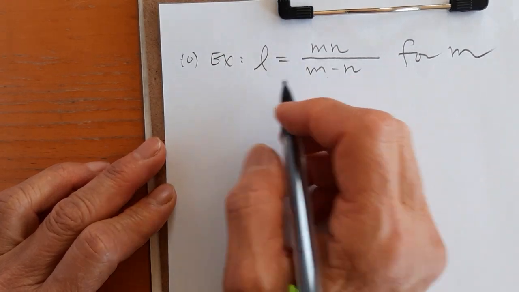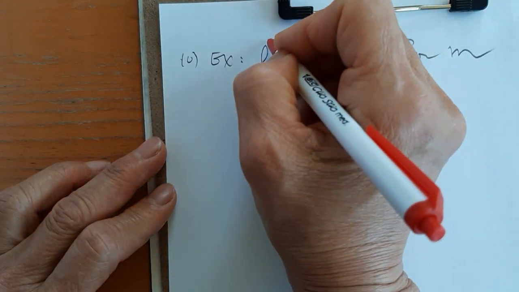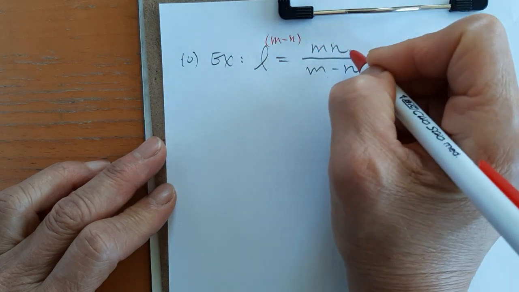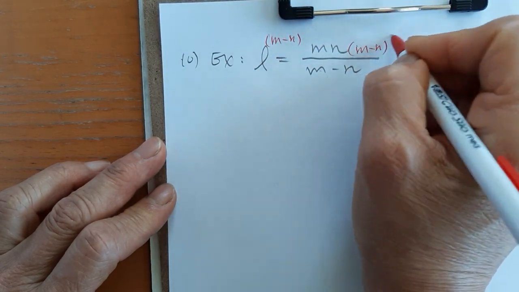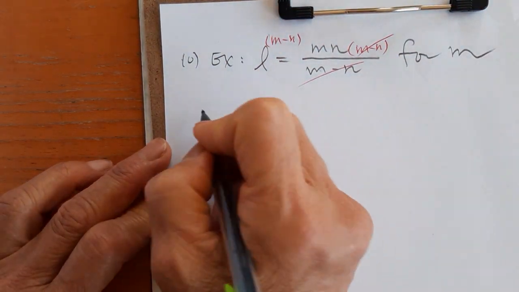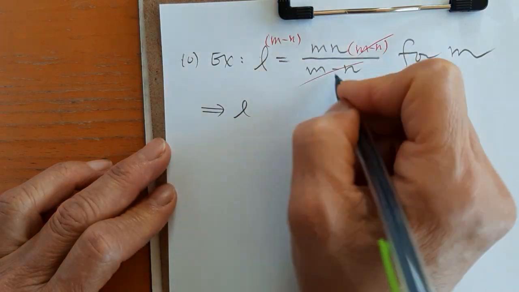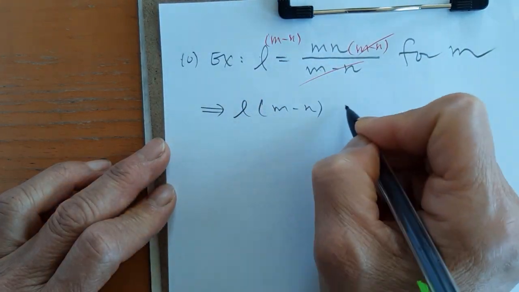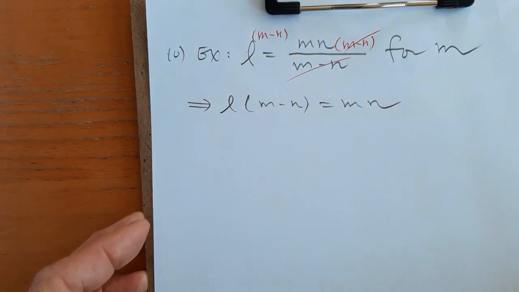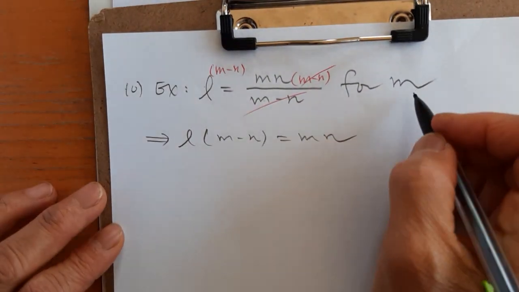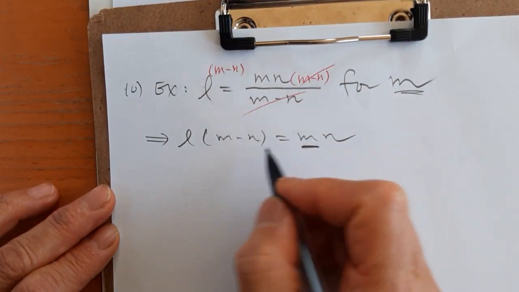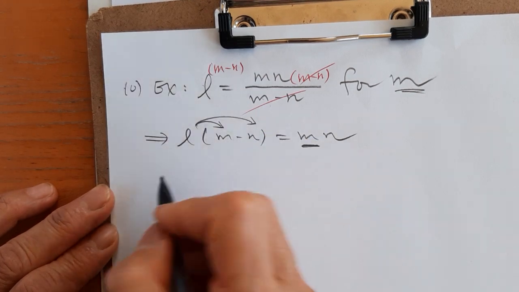So this one, you multiply both sides by m - n. The m - n cancels. So that is L times (m - n) should be equal to m times n. And solve for n. So this term has n. This one you distribute it in.